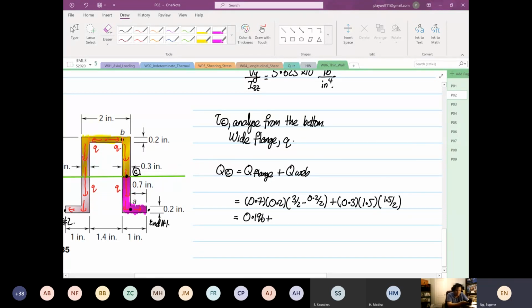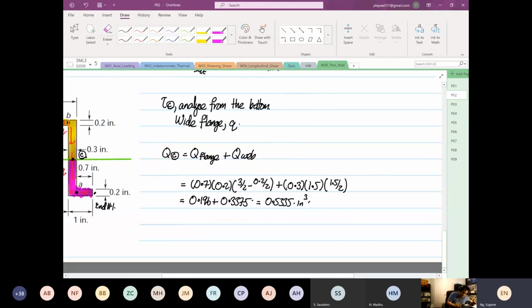plus 0.3 times 1.5 times 1.5 divided by 2, 0.3375. So this will be equal to 0.196 plus 0.3375, 0.5335 inch to power of 3.